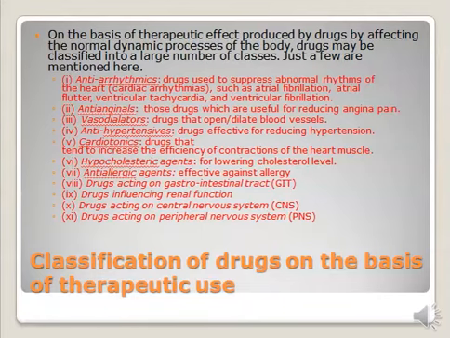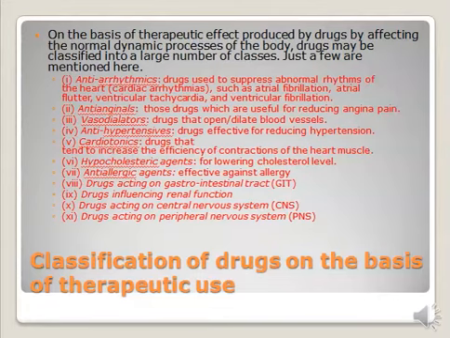The drugs used to cure cardiac arrhythmia are known as antiarrhythmic drugs. Abnormal rhythms of the heart include atrial fibrillation, atrial flutter, ventricular tachycardia, and ventricular fibrillation. All of these come under this wide category of drugs known as antiarrhythmic drugs.